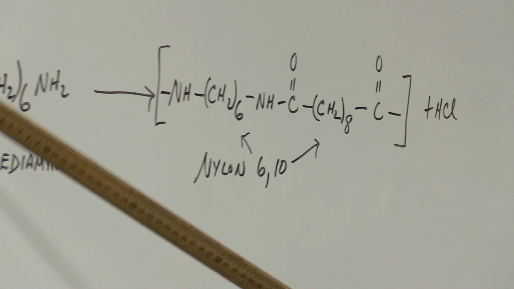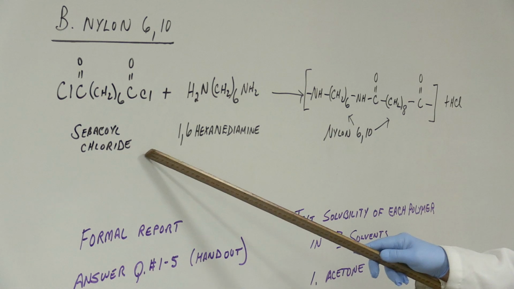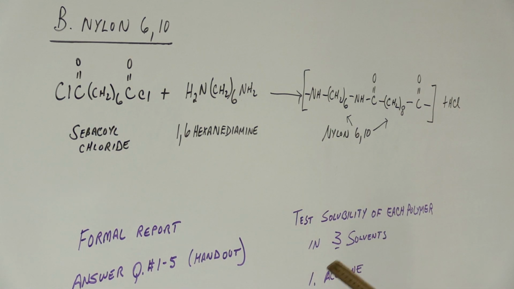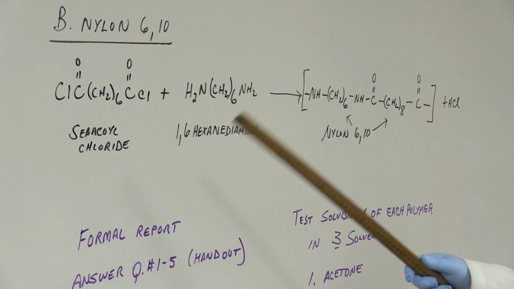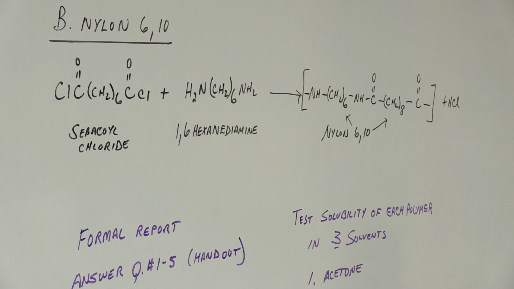If we change the starting reactant, we can get a different type of nylon. You've probably heard more of nylon 6,6 instead of nylon 610, but we start with adipic acid instead of the sebacoyl chloride. So we're going to produce these two compounds.